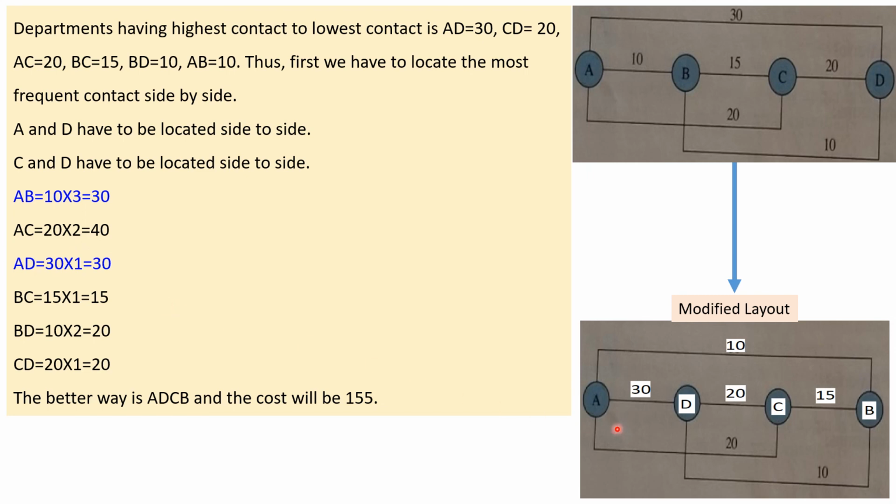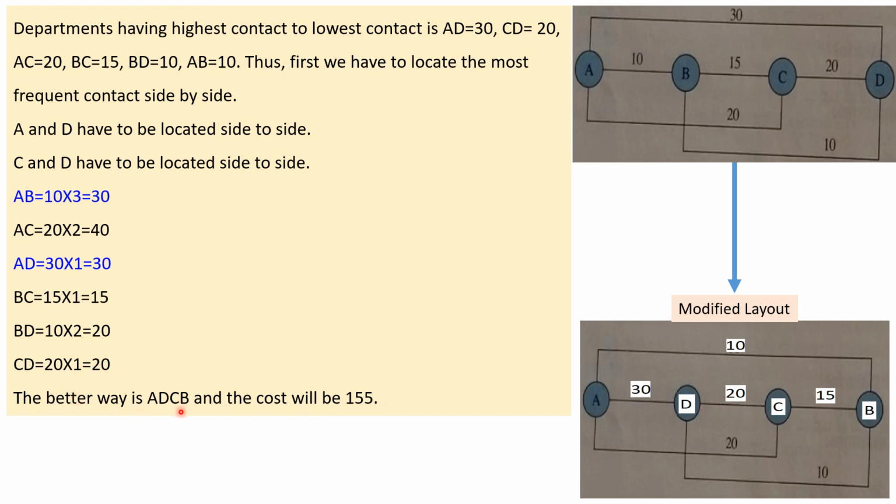AD is side to side, so 1 unit distance, 30 times 1, 30. BC is also 1 unit distance, so 15 times 1, 15. BD is 2 unit distance, so 10 times 2, 20. CD is 1 unit, 20 times 1, so 20.